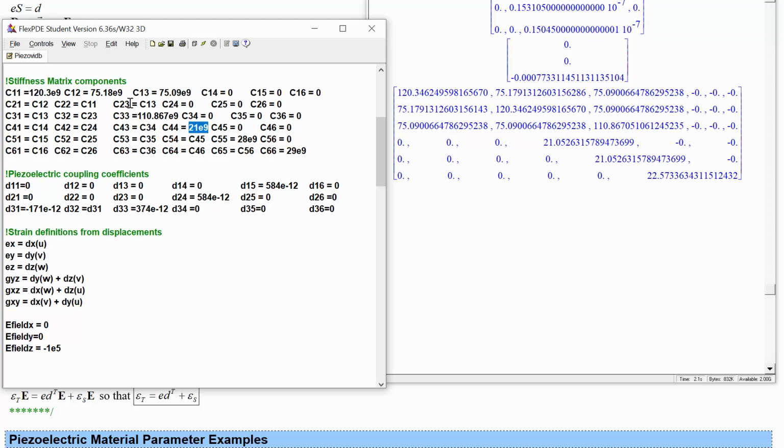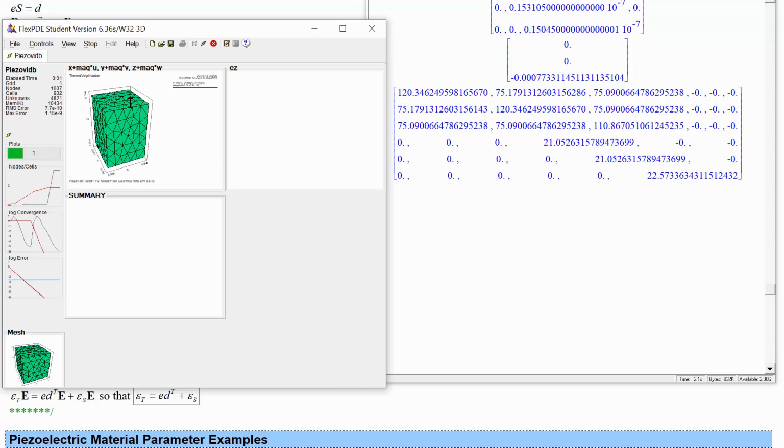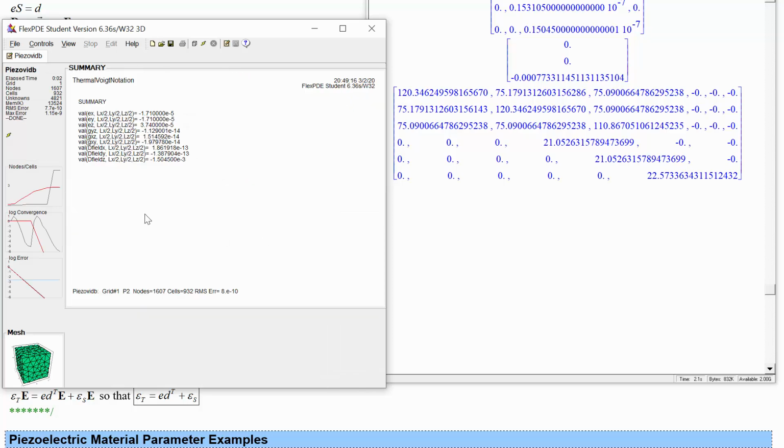C44 is actually pretty close, 21.05 E9. 21.05 E9 again. Maybe we'll just copy the component, C44. And then finally, 22.57 E9. Now this should change nothing. Let's just check. Nothing's changed yet. Okay, all good.